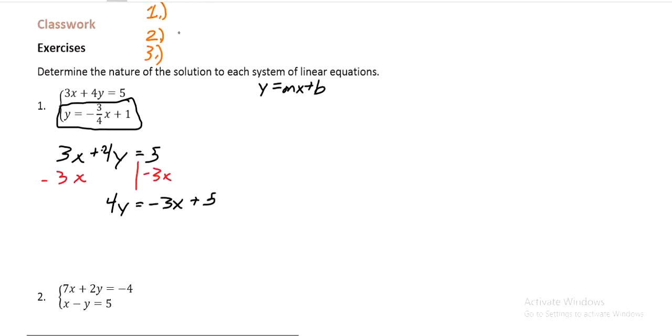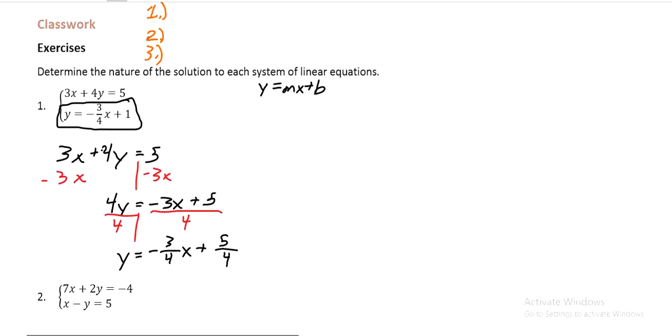Now we just have to divide by 4 to get y alone, remembering we have to do it to the entire side. Both terms are being divided by 4, so we can rewrite it as y equals negative 3/4 x plus 5/4.